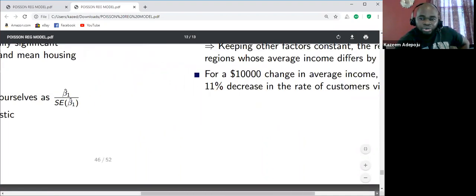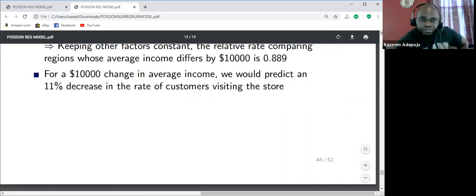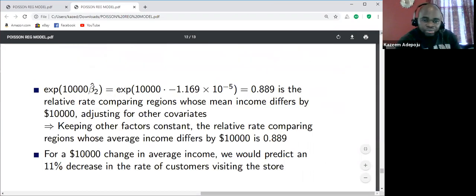Similarly, you can also look at the expected value of the 10,000. What is the meaning of this? Initially we normally say exponential of beta 2. Why do we put a 10,000? It depends on the unit increase.